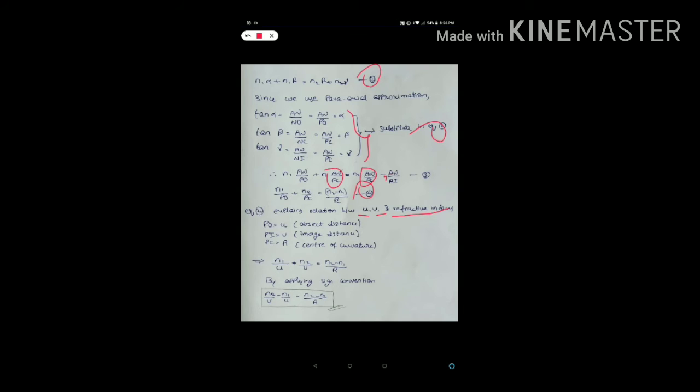Now by using the sign conventions, PO is u, the object distance, PI is v, the image distance, and PC is R, the radius of curvature. After substituting, we get n1 by u plus n2 by v is equal to n2 minus n1 by R. By the sign conventions, object distance is negative for the convex surface, image distance is positive, and focal length is also positive for the convex surface.